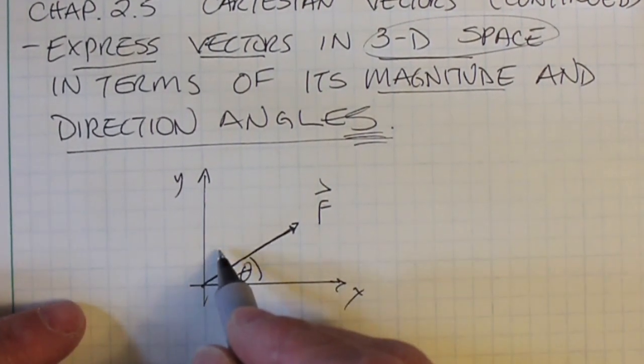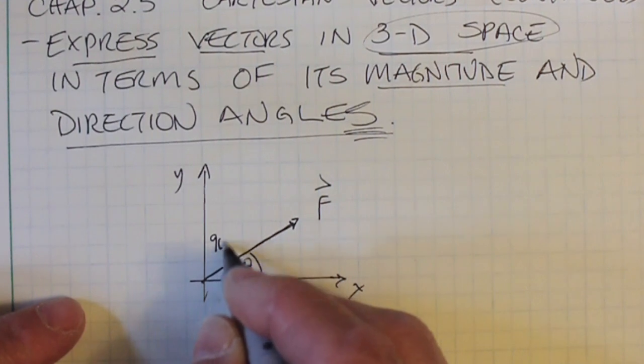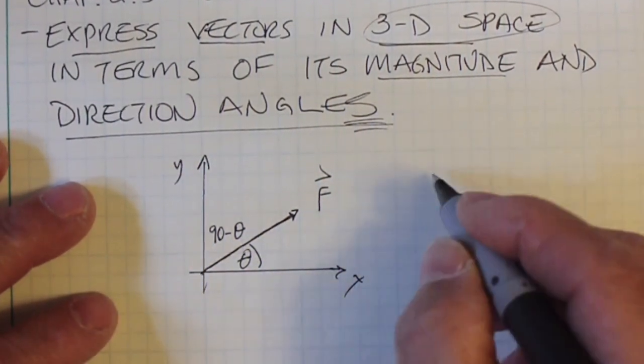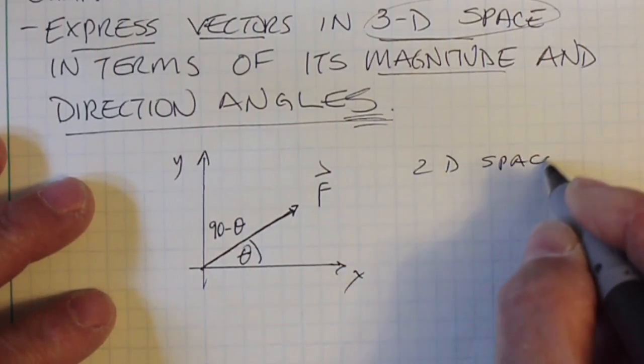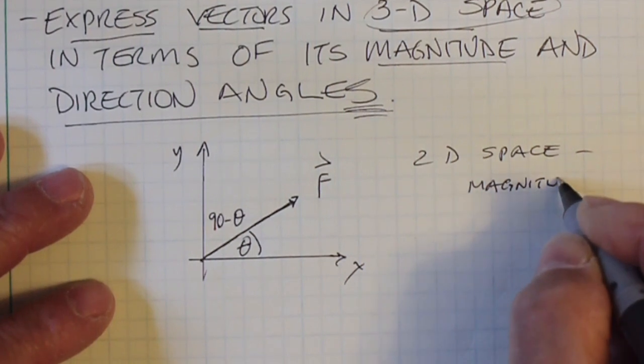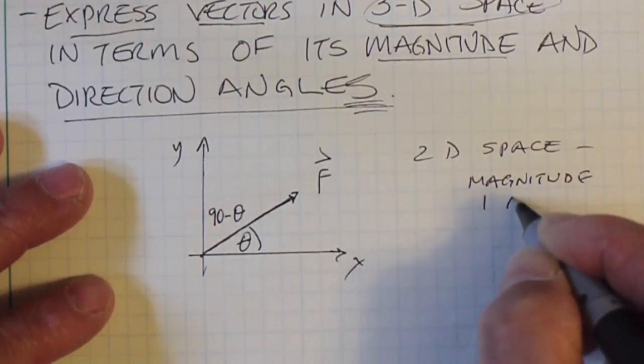We didn't need to specify this angle because that's just simply 90 minus theta, and that's common knowledge, so we don't need to specify that. So in 2D space, all we need to do is specify magnitude and one angle.